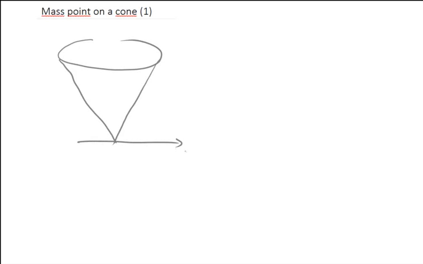Imagine a cone, and the Cartesian coordinates are chosen in this way. You have x, y, and here you have the z-axis. This cone has a certain opening angle alpha.